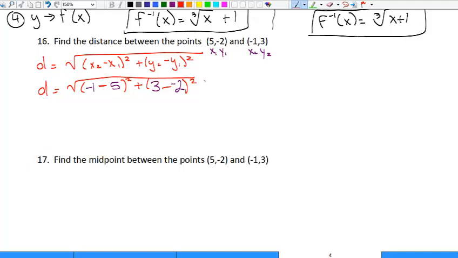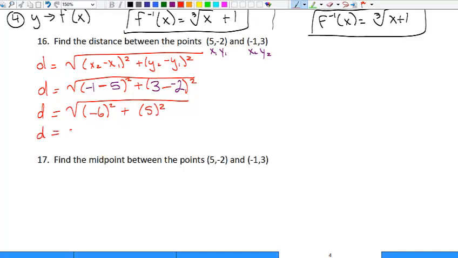If you mix them up, you get the problem wrong and you miss a negative, which messes up the whole thing. So be very careful there. So distance equals, okay, inside the parentheses I can add or subtract. -1 minus 5, that's -6. 3 minus a -2, add a line, change a sign, that's really 5.